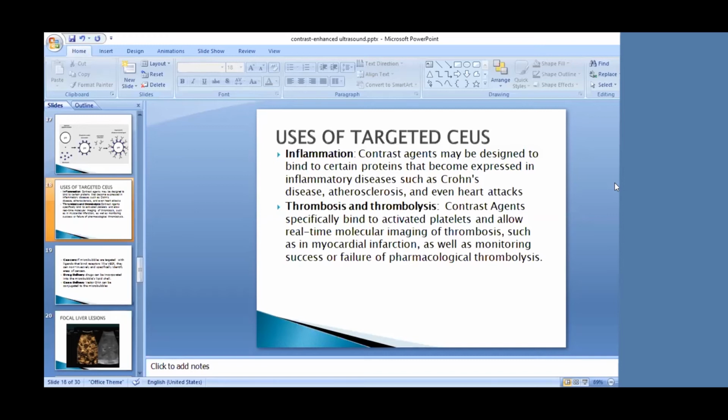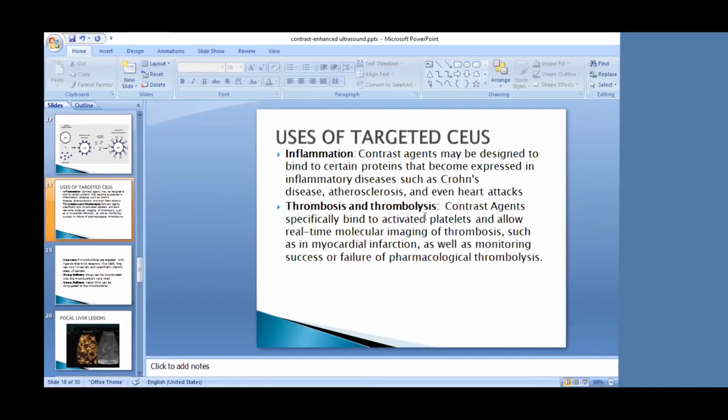There is a specific protein present in the patient who has Crohn's disease. So we will make our contrast agent to be designed to attach or bind to that specific protein. So we call it targeted. Okay, so it is a protein expressed by some inflammatory diseases like Crohn's disease.